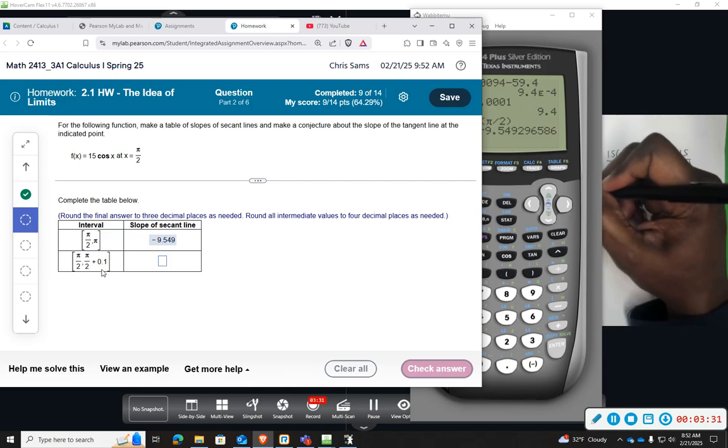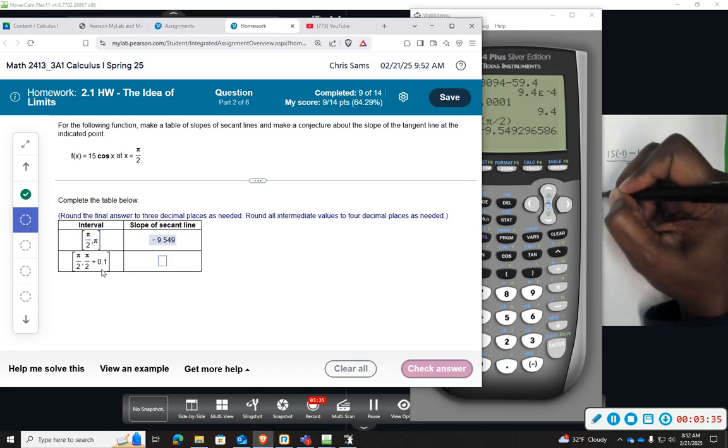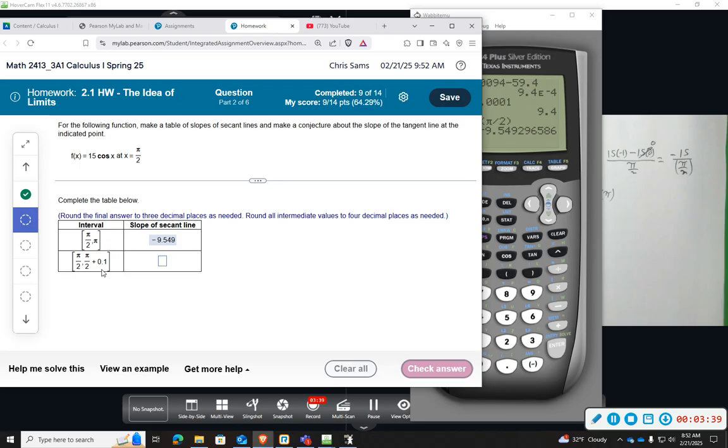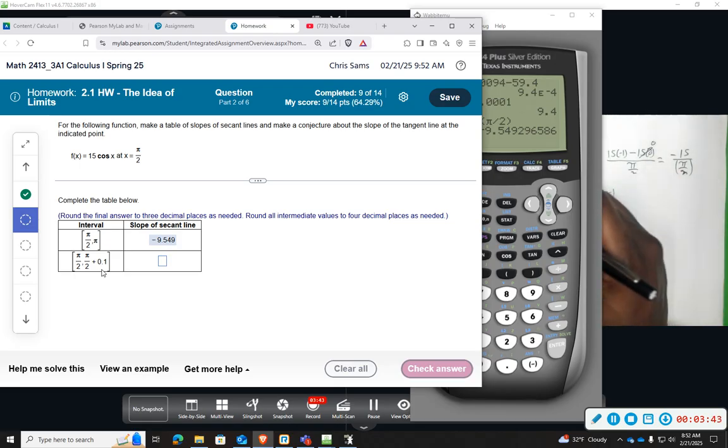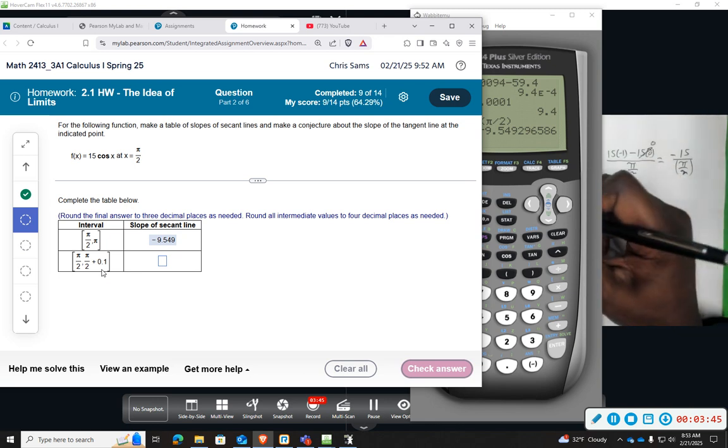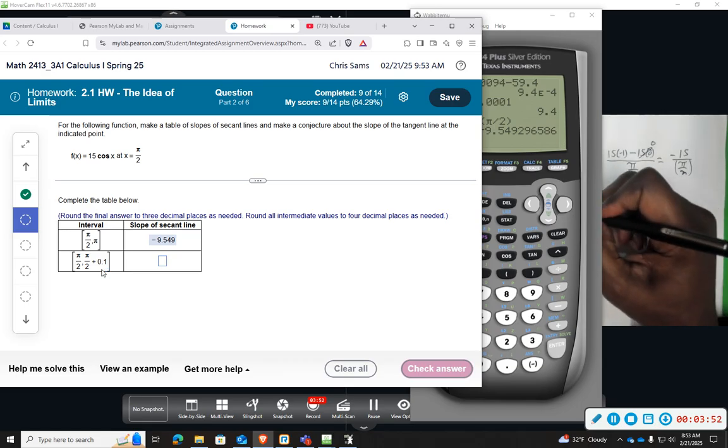We'll be subtracting 15 cosine of pi over 2. So each time the second coordinate is going to go to 0 because cosine of pi over 2 is 0, and then the denominator this time will be pi over 2 plus 0.1 minus pi over 2.